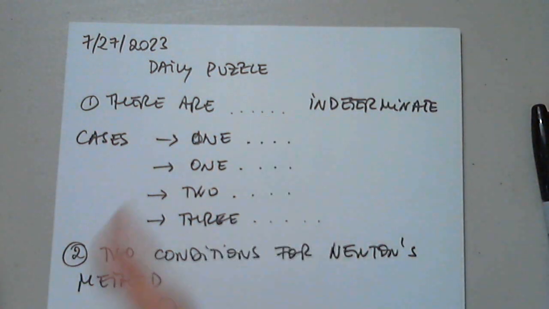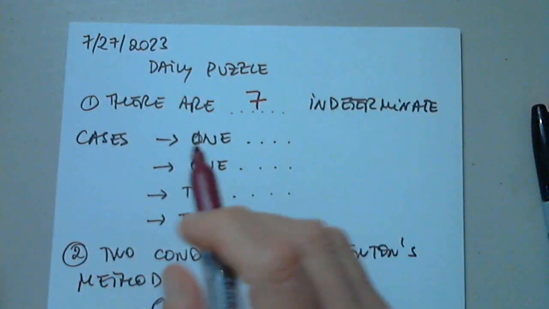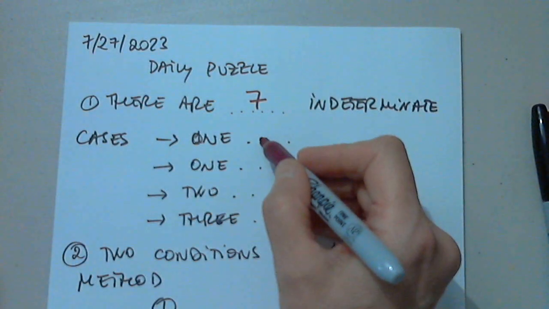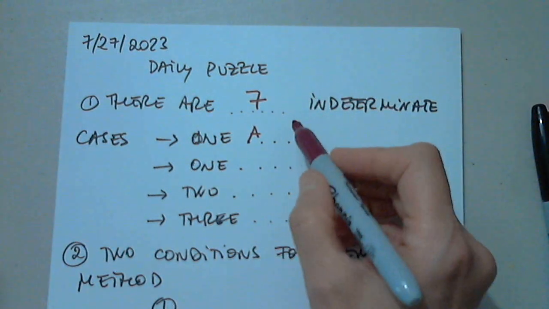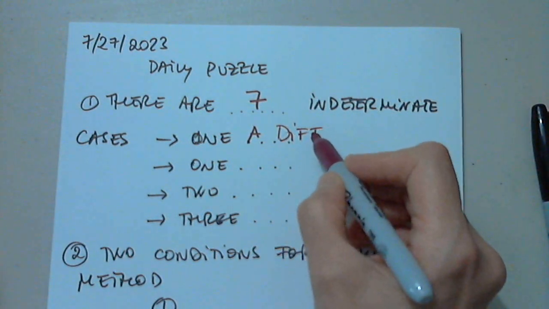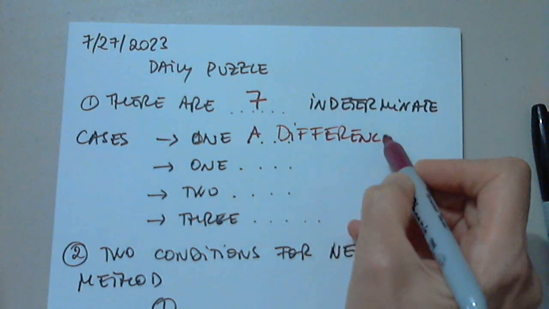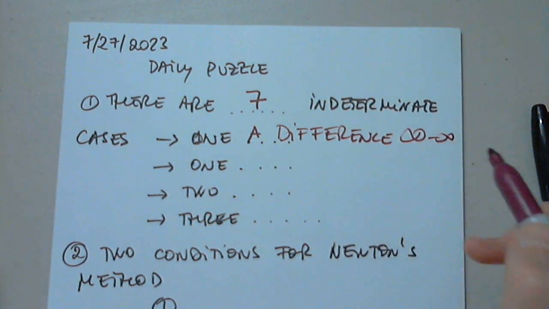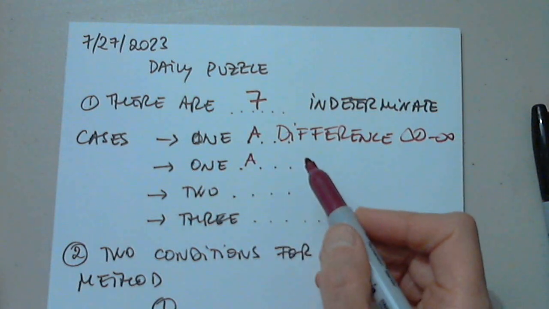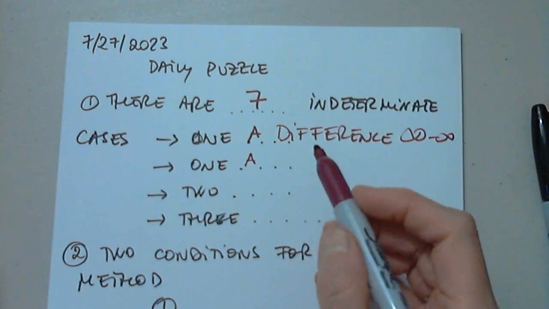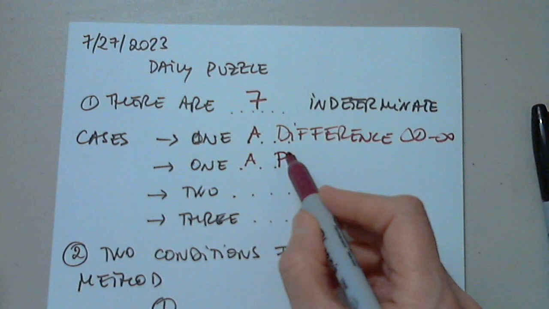I think there's 7. Perfect. One of them is a difference. One of them is a multiplication.